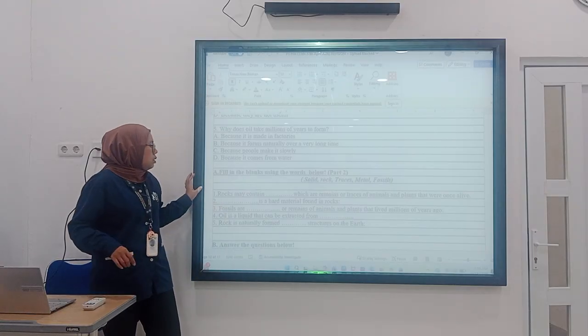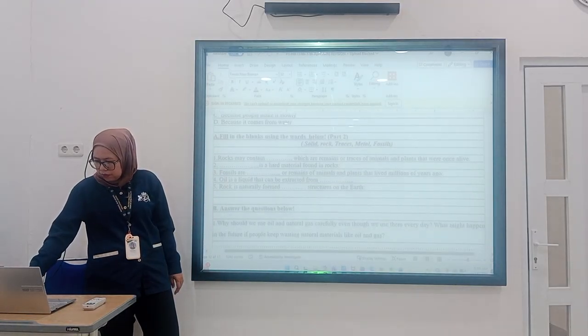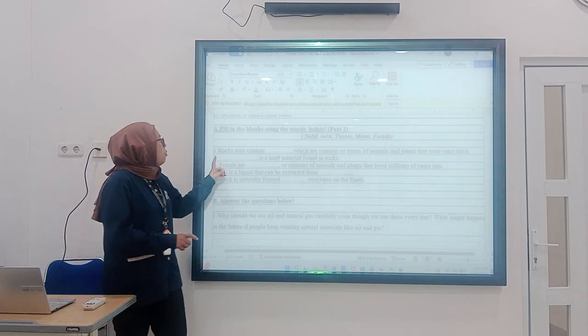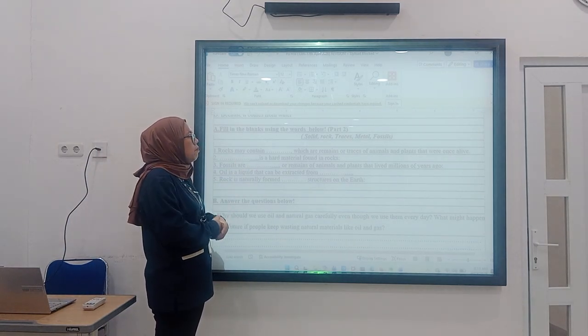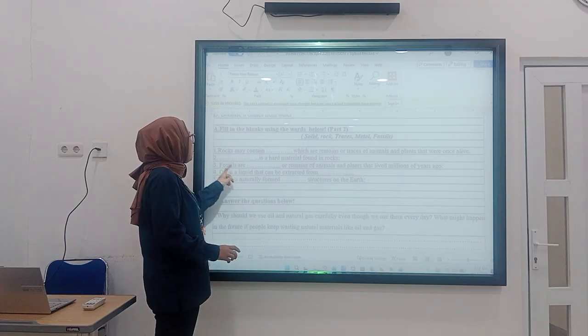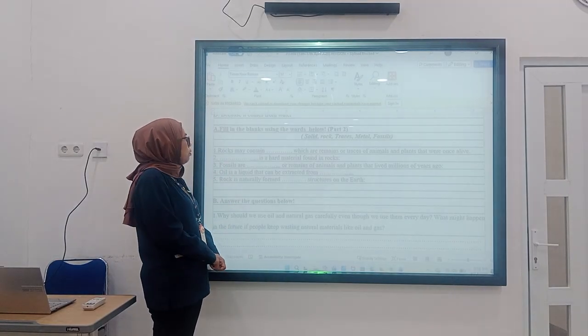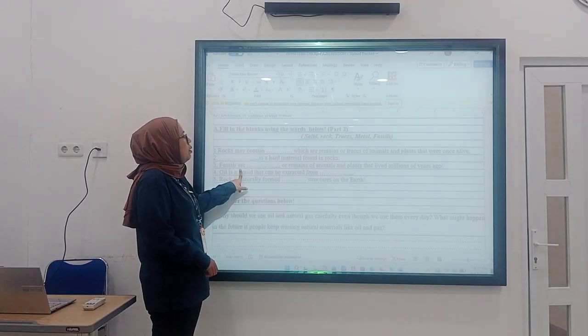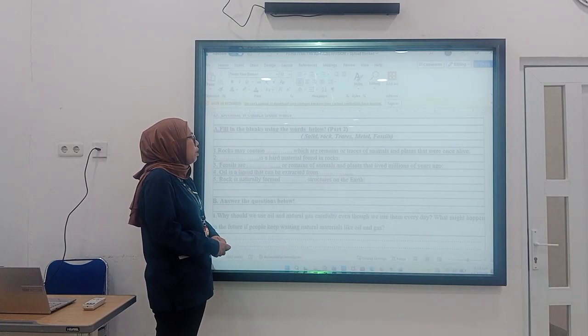Number 5, why does oil take millions of years to form? Because it forms naturally over a very long time. Number 1, this rock may contain fossils, which are remains or traces of animals and plants that were once alive. Number 2, metal is a hard material found in rocks. Fossils are traces or remains of animals and plants that lived millions of years ago.